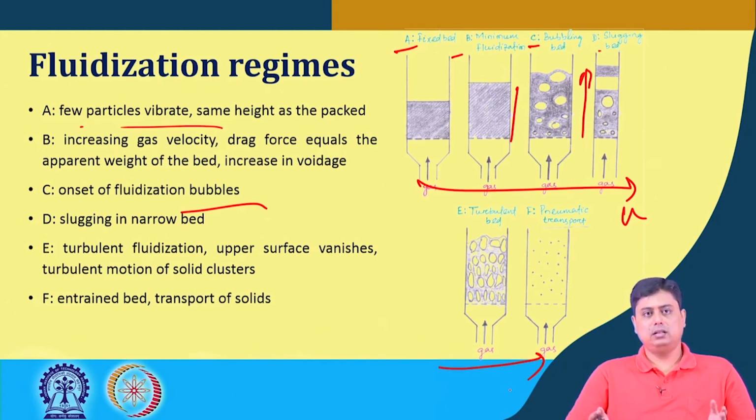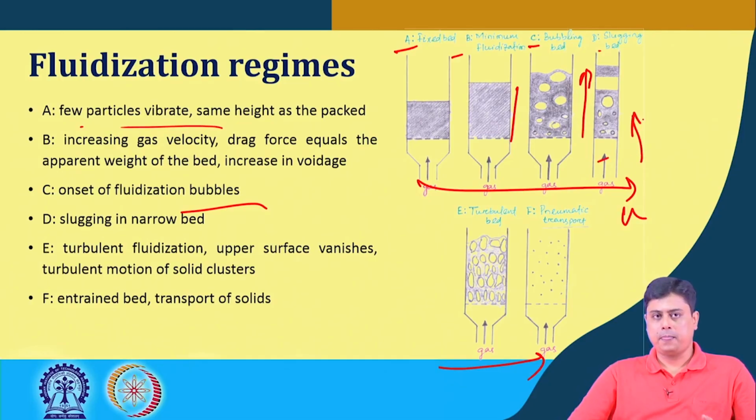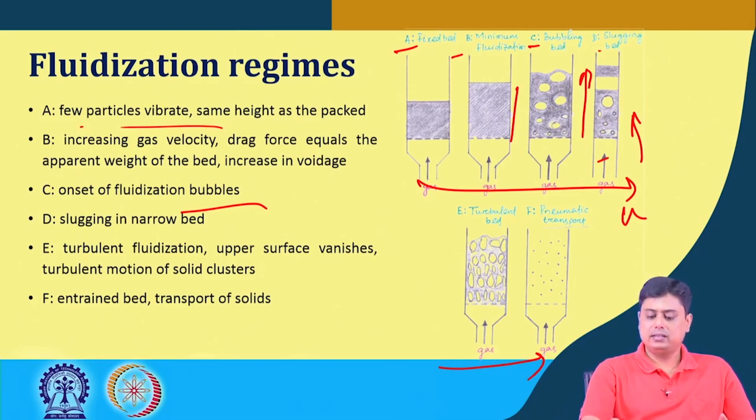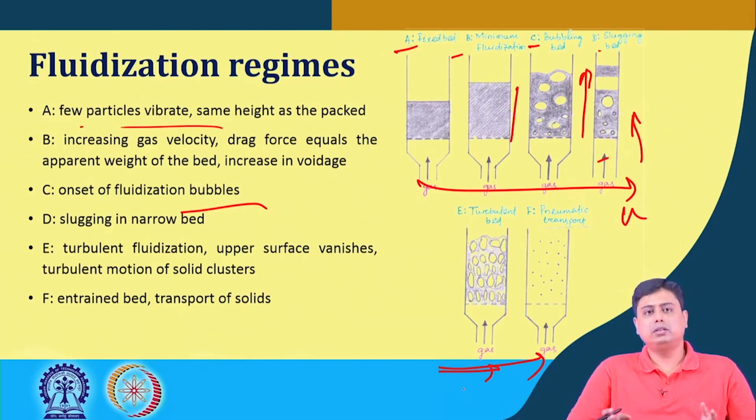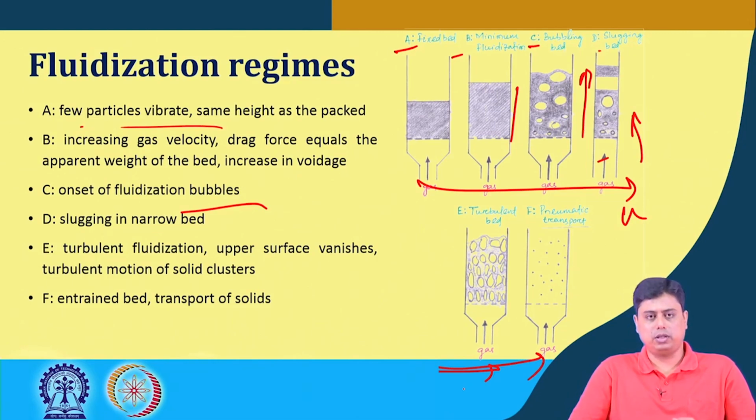If the bed is narrow, slugging will take place with increasing gas velocity. This we have discussed as well. If you further increase the velocity in any kind of fluidized bed, there will be a vigorous motion of the solid particles, and instead of bubbles you would see turbulent motion, pockets and clusters of solid particles, and the upper surface basically vanishes.